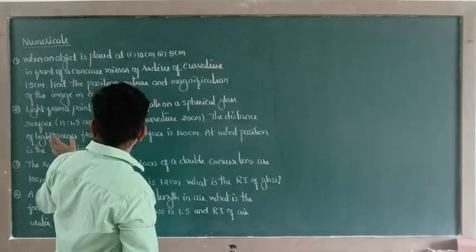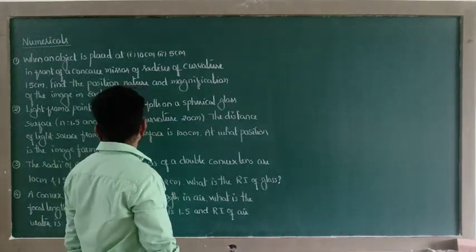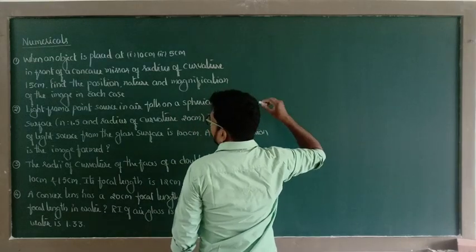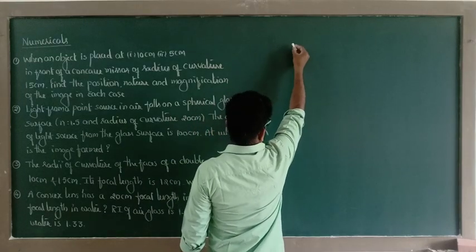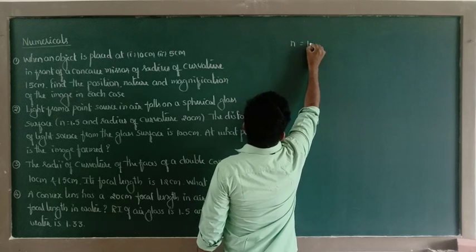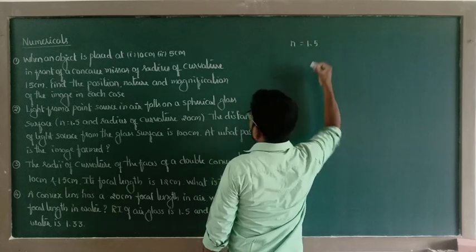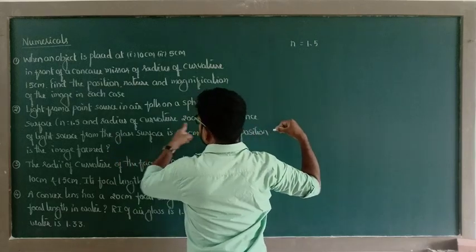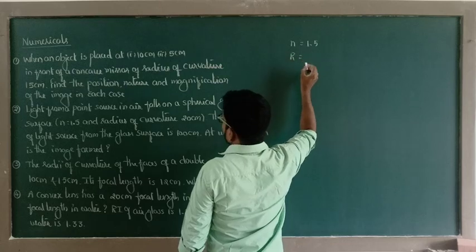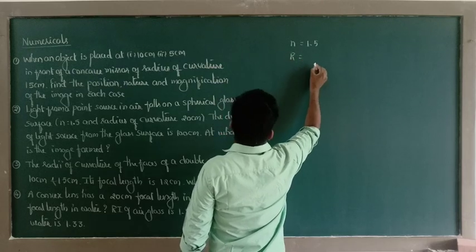First note the given data: refractive index n is equal to 1.5. Radius of curvature capital R is equal to 20 centimeter.